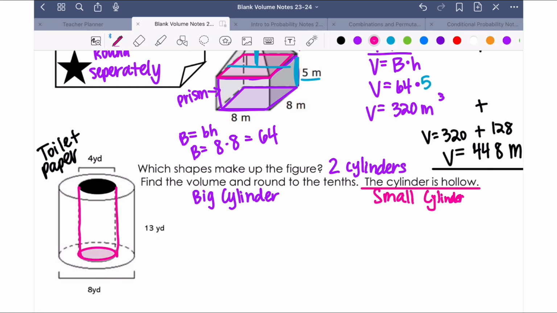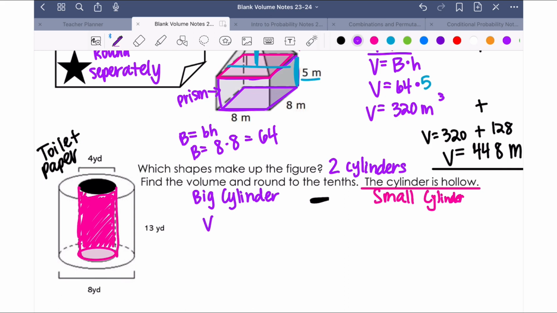We will not be adding. What are we doing? We got to subtract that cylinder inside. That cardboard that goes inside the toilet paper, you got to take that away. So it's not going to be plus, it's going to be minus. All right, but the good news is cylinders are easy peasy.